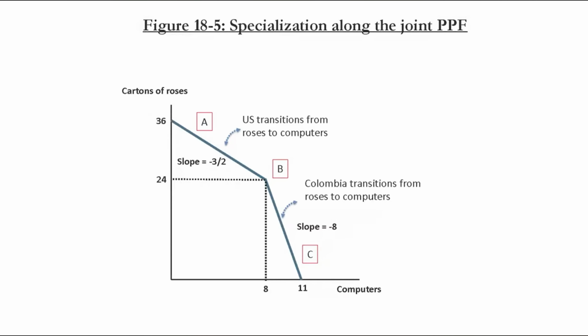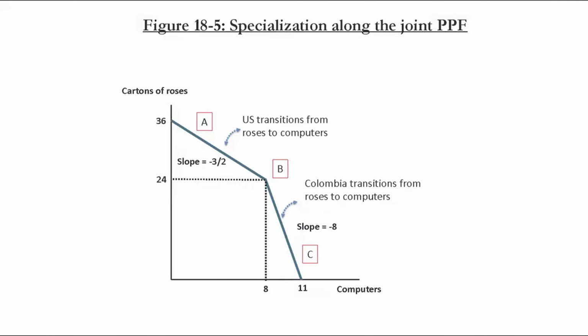Okay? So to see that, let's go to figure 18.5, which is a little confusing. But basically, let's start at point B. At point B, the price ratio is 4. 4 cartons of roses yield 1 computer.